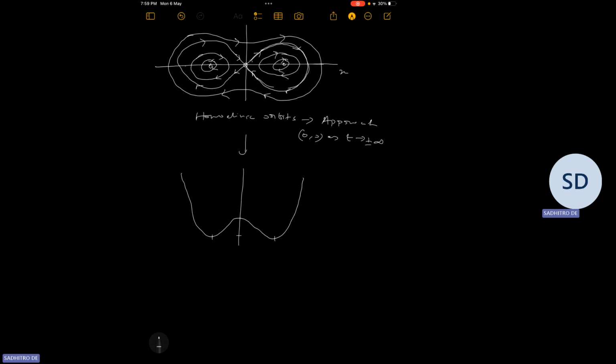So around the center they perform small oscillations like that, right? About this center also they can perform small oscillations which go around like that, and as the oscillation amplitude increases they keep on performing these oscillations until the point that the oscillation amplitude becomes so high that the trajectory starting from here just about reaches up to this maximum over here.